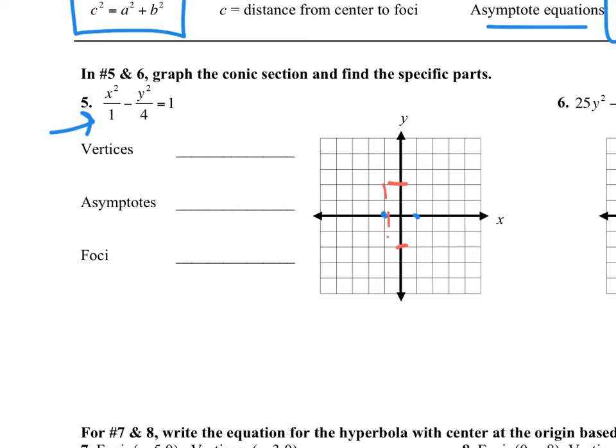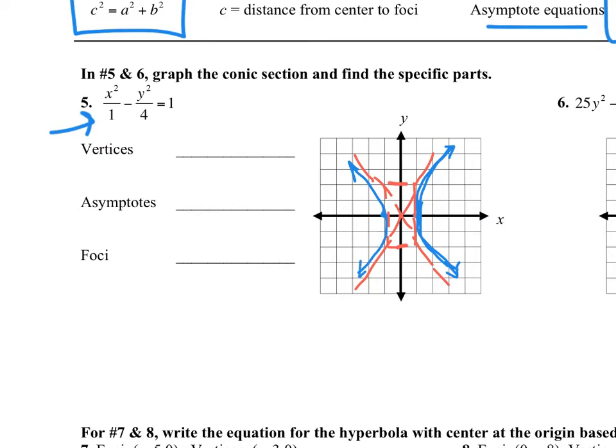We would draw that rectangle, go through the origin, out the sides. And then this would be here, going through that point. I tend to miss it sometimes. And then here and there. Okay, so that's our hyperbola.